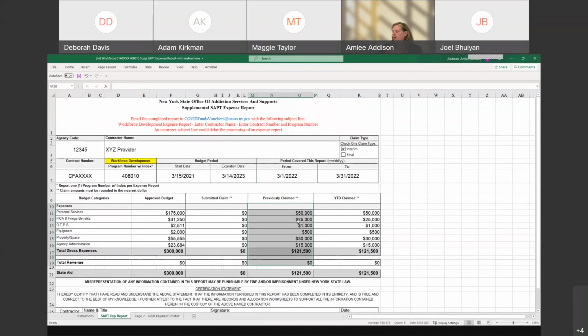Again, do not report any advance payments in previously claimed. And the year-to-date claimed is a calculation. It's based on the information that's entered under the submitted claim or the previous claim.